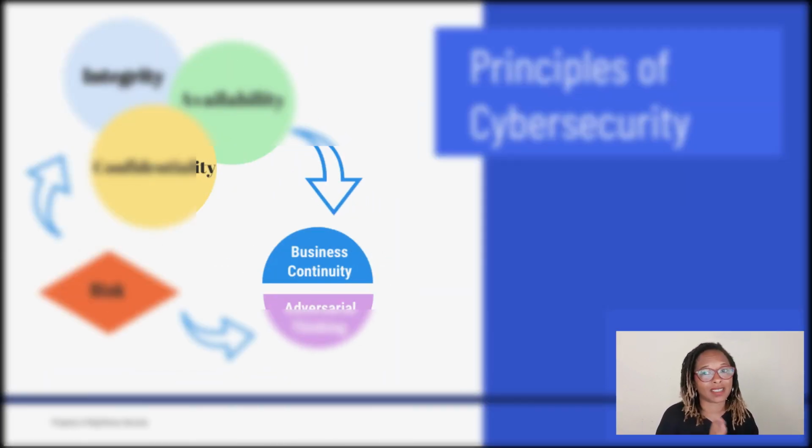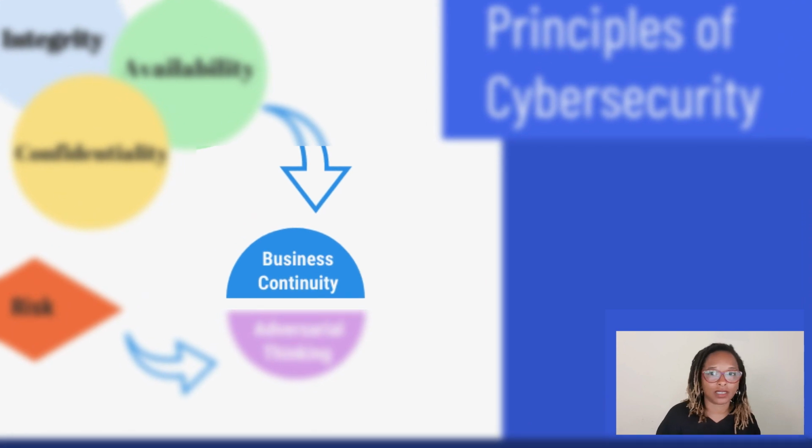Business continuity is another one. Businesses have to constantly run, and if one area of a business is compromised, how do you keep your business running? Business continuity is just ensuring that a security breach does not compromise or stop the core business from functioning.